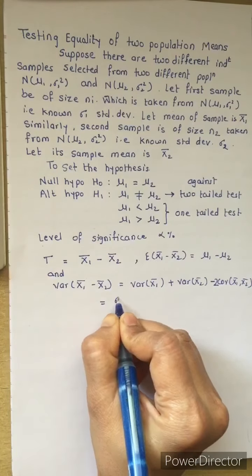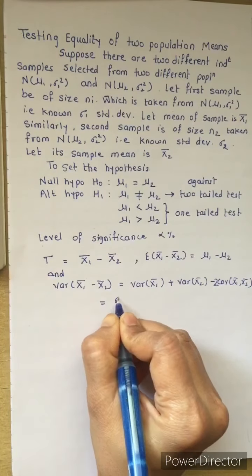Both the populations are independent, and we have taken two different independent samples, and therefore there is no covariance between x1 bar and x2 bar. The covariance term vanishes; it is 0. So the variance of x1 bar minus x2 bar is sigma 1 square upon n1 plus sigma 2 square upon n2. This is a combined term for variance. We cannot separate it.